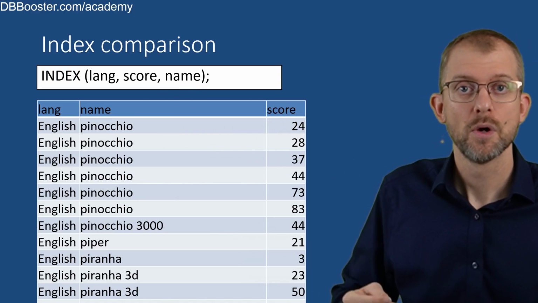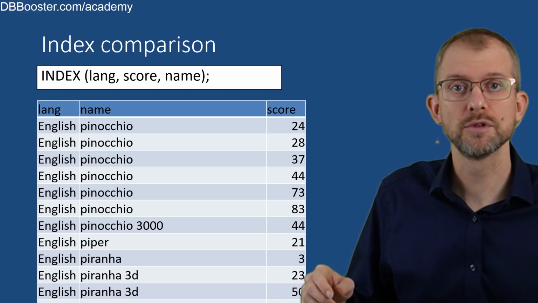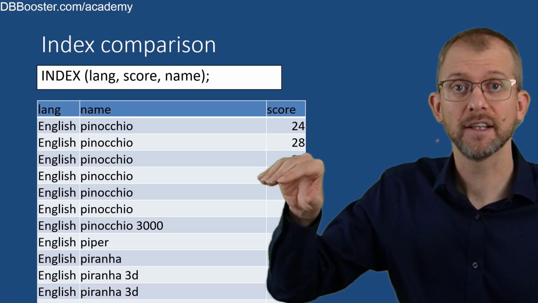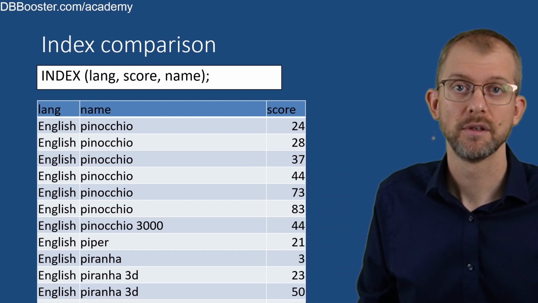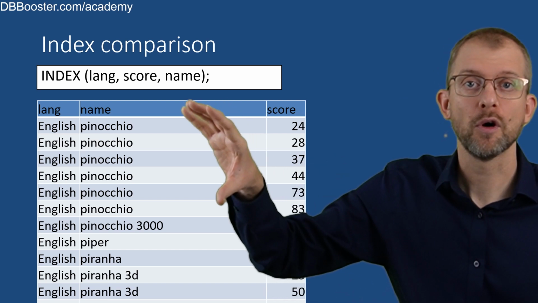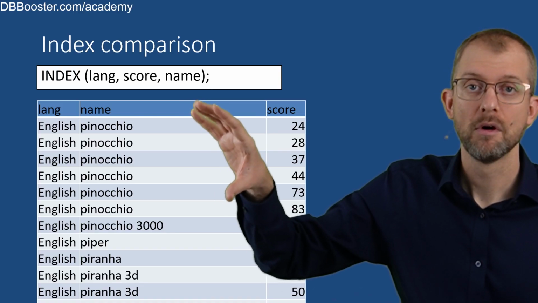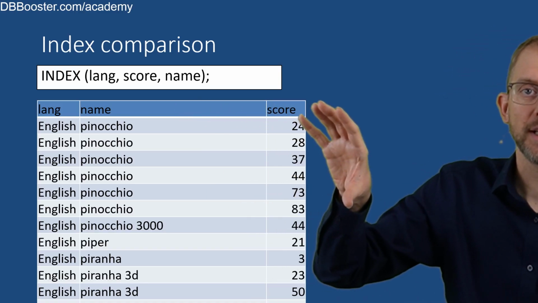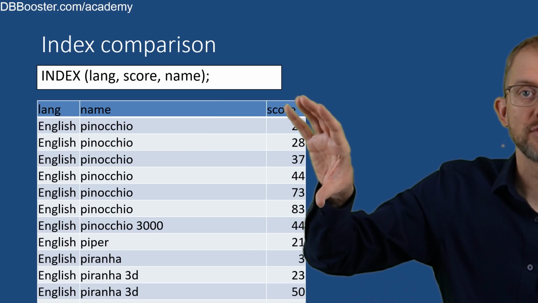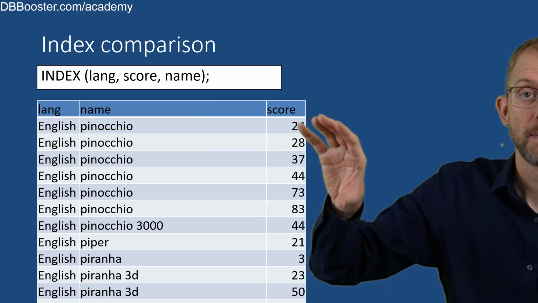That is why the score cannot be used for navigation. The database cannot jump directly to score 61. The score is ordered only within each group of the same movie name. All the Pinocchios are grouped together, and inside that group, the ordering by score works fine.